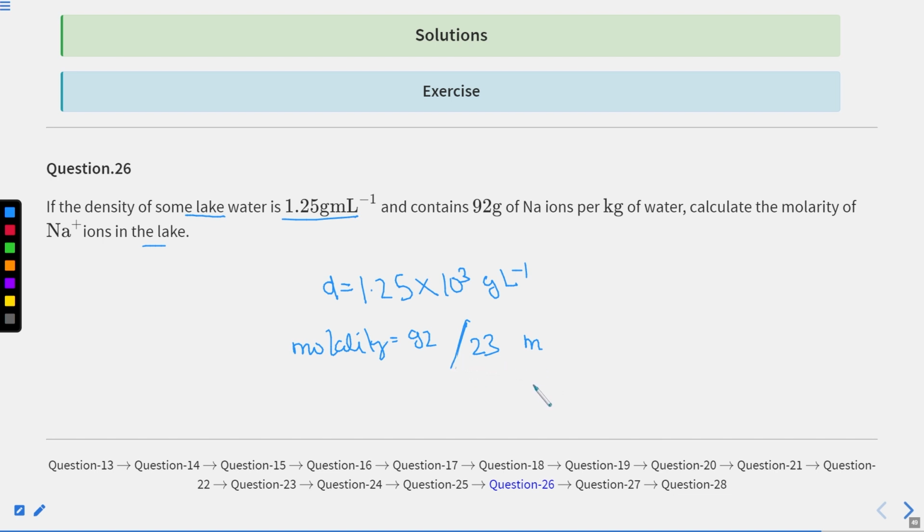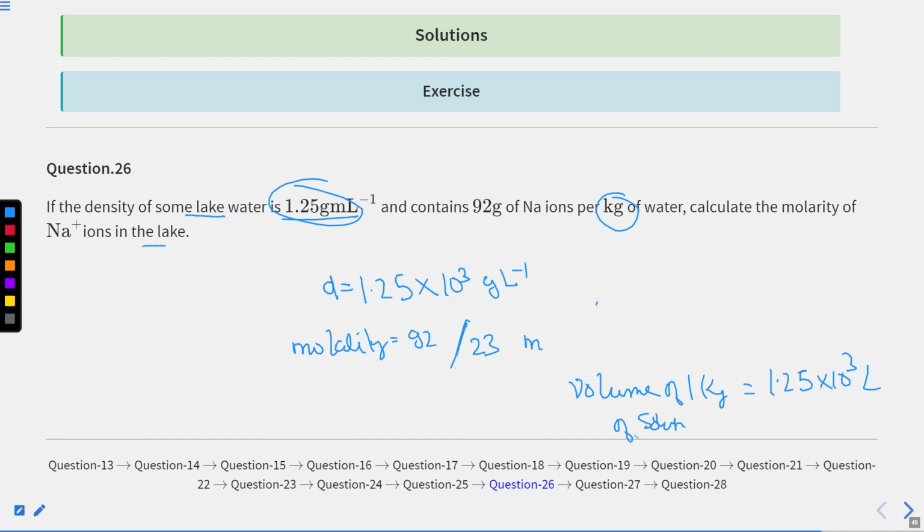Then further we have to calculate its molarity, not molality. If you multiply the mass of water with its density, then we will get the volume. So the volume of 1 kg of solution would be 1.25 into 10 to the power 3 liter.